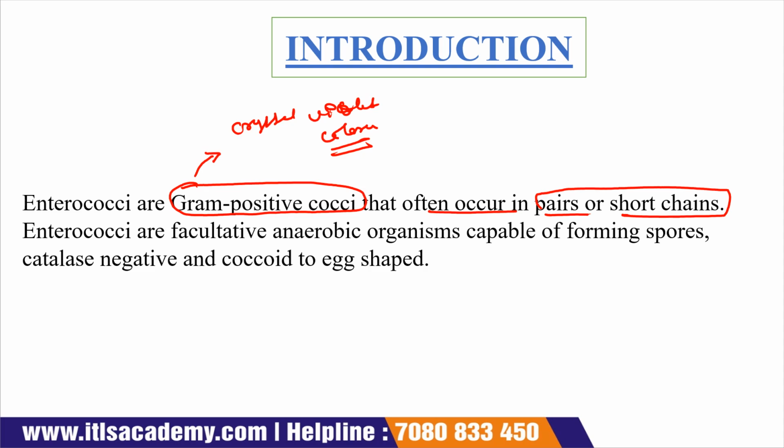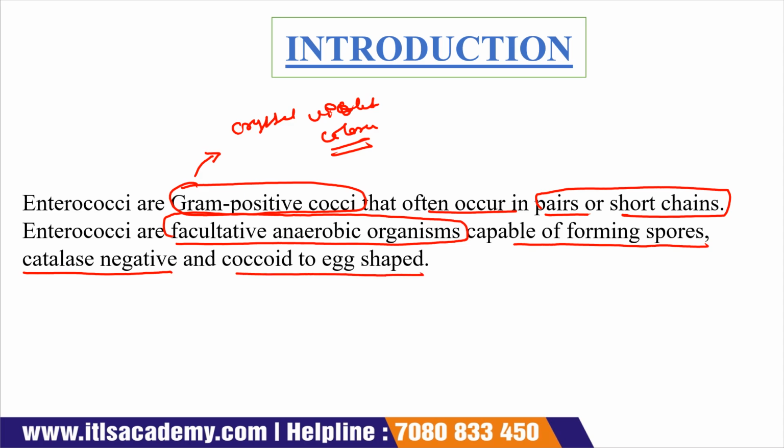These enterococci are facultative anaerobic organisms, and they are capable of forming spores, and they give a negative catalase test and the cocci are egg shaped. Now you can go and check in our video what this catalase test is and how we perform it.